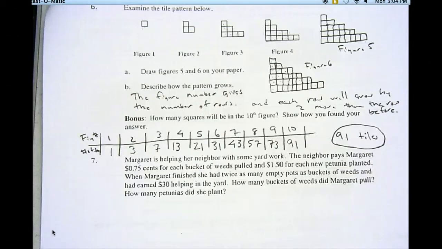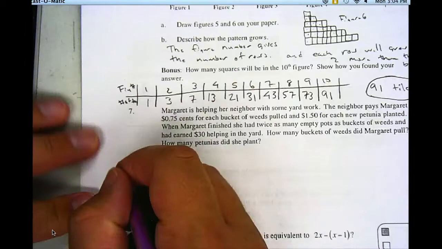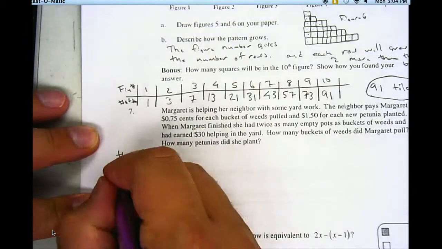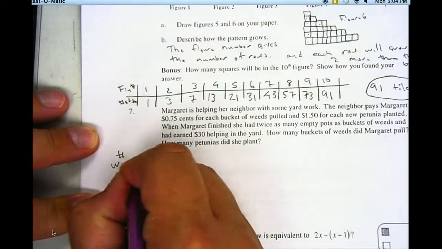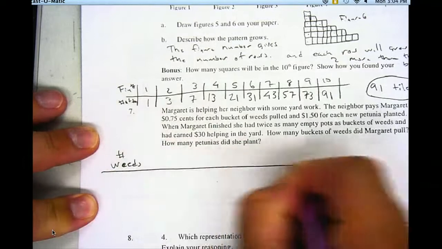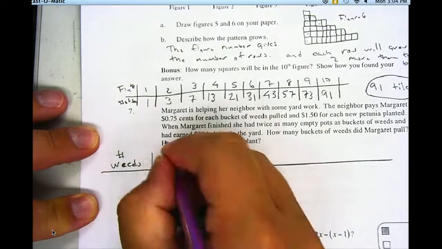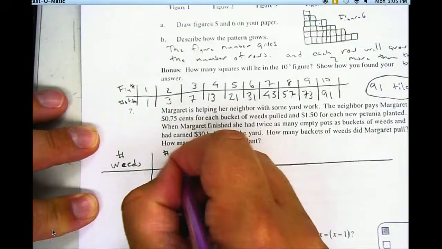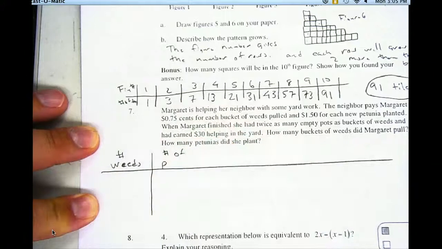So we'll go here, let's start here. Number of weeds. And then number of petunias. Let's see how they spell that.